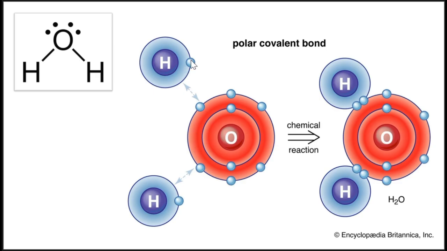In hydrogen and oxygen, one electron from oxygen and one electron from hydrogen will be shared. That forms one covalent bond between one hydrogen and oxygen. Likewise, here also a covalent bond is formed.